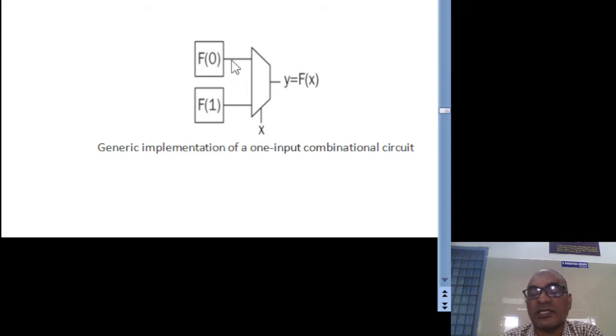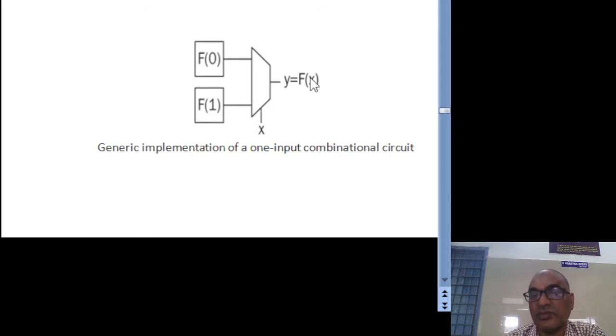This is the multiplexer with one select line, and that select line is usually the input variable x, and the one output is the output variable y. Suppose the input x is 0, then f of 0 is connected to y. Suppose the input is 1, then f of 1 is connected to y.